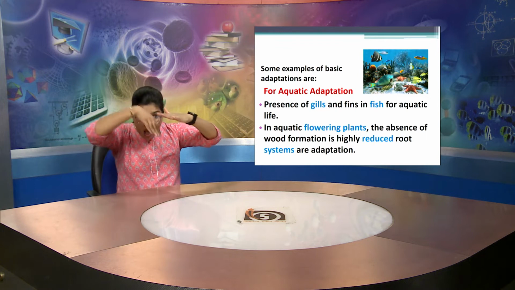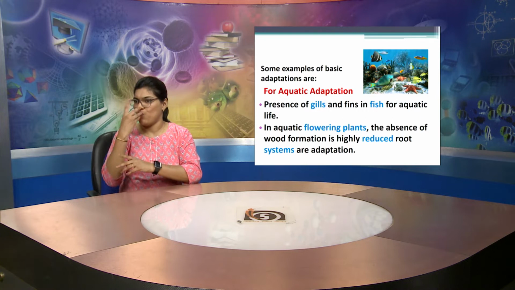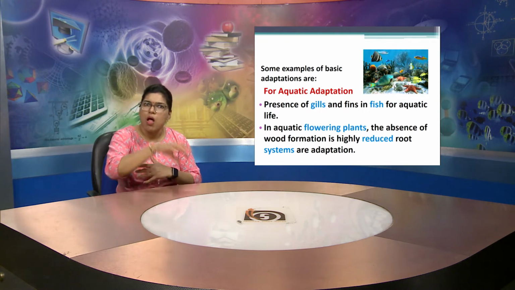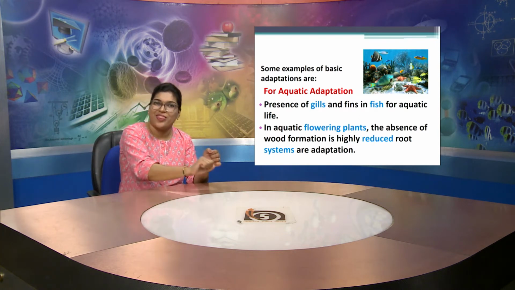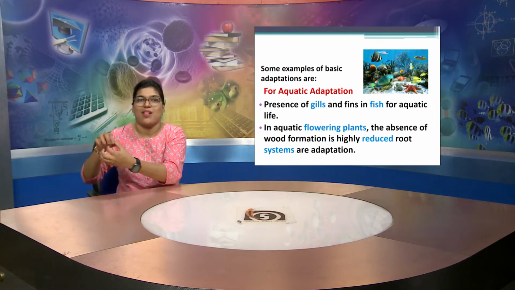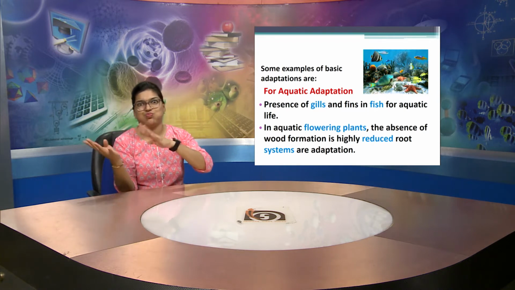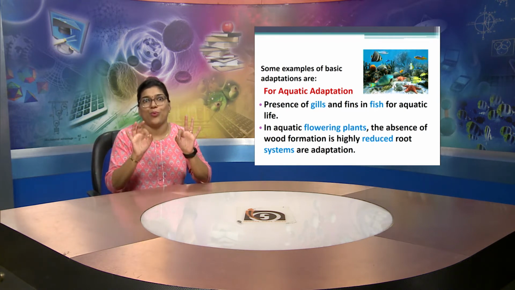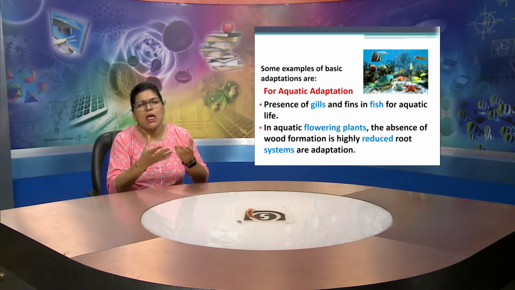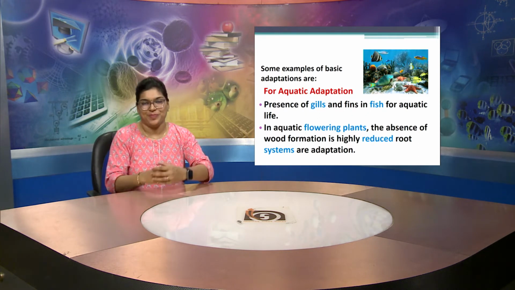And another example of basic adaptation is in aquatic flowering plants, where wood formation is highly reduced and there is a root system for adaptation, and the aquatic plant is well adapted to live in the water. So it is a natural phenomenon.